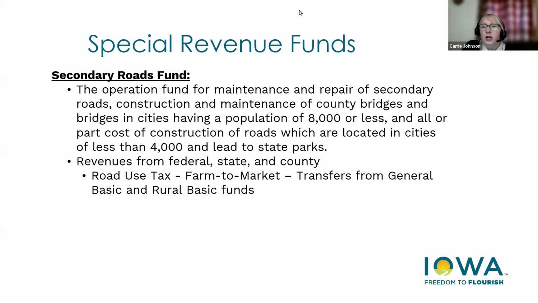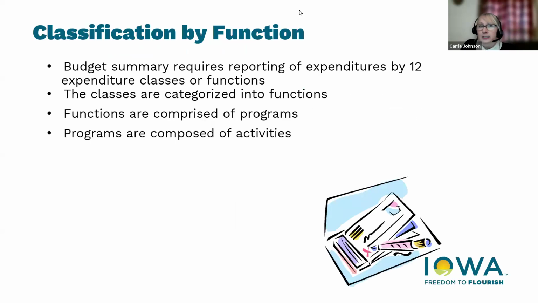You also receive revenues into the secondary roads fund via transfers from general basic and rural basic. So those are in general a summary or description of the major funds or buckets of a county.